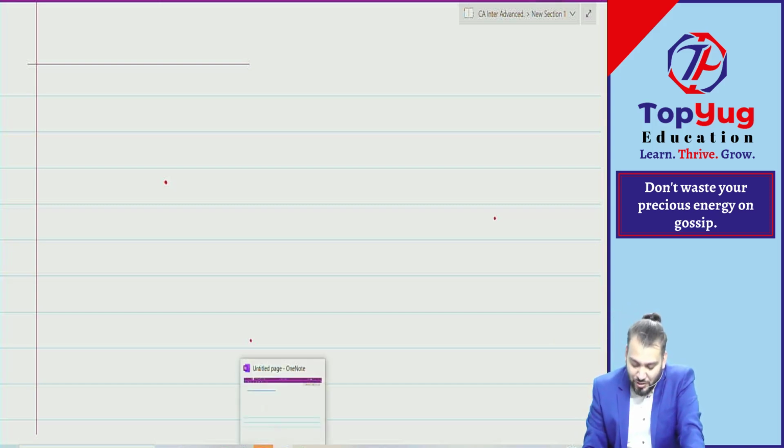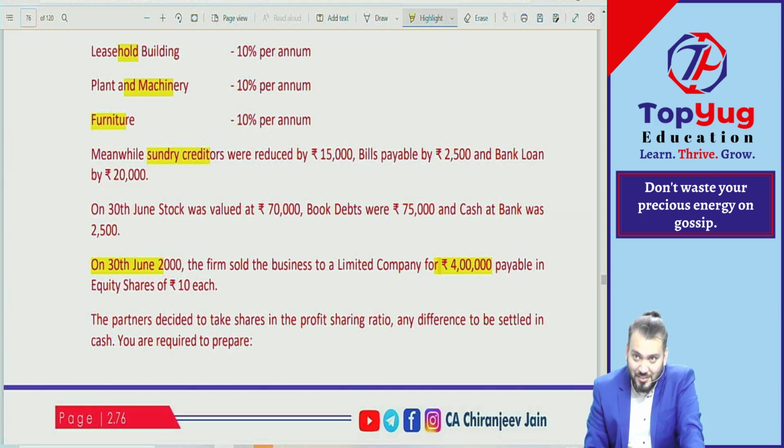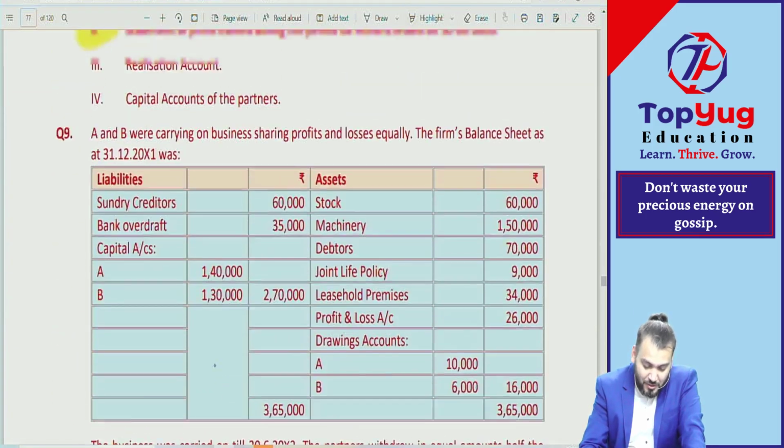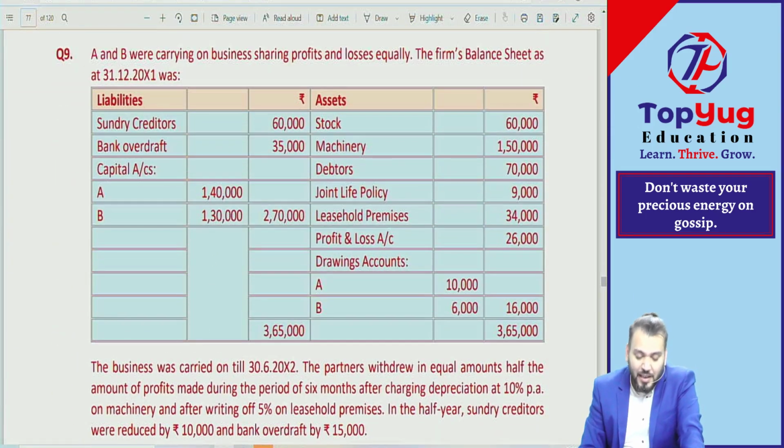Question number 9. A and B are carrying on business sharing profit or losses equally. The firm's balance sheet as on 31st December 2001 shows sundry creditors, bank overdraft, capital account, stock, machinery, debtors, joint life policy, lease of premises, and profit and loss account.